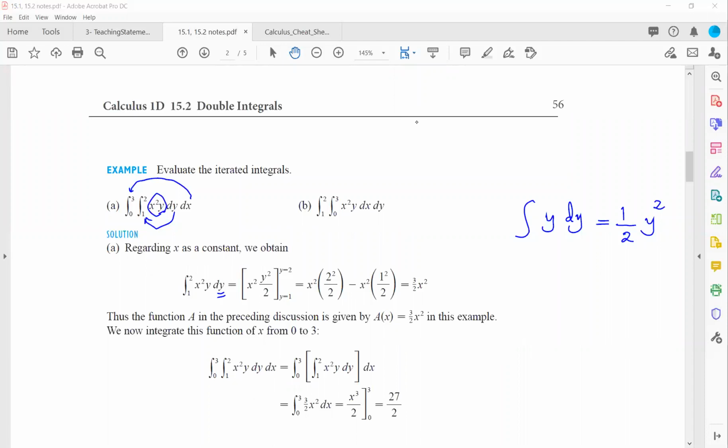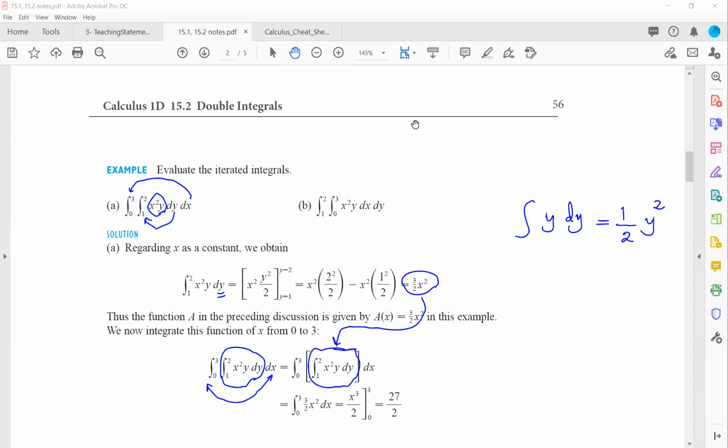We're not done yet. We just calculated the inside integral. Now you have to work with the outside integral, which is with respect to variable x. We found that the inside integral is 3 halves x squared. So this is nothing but a quadratic function.